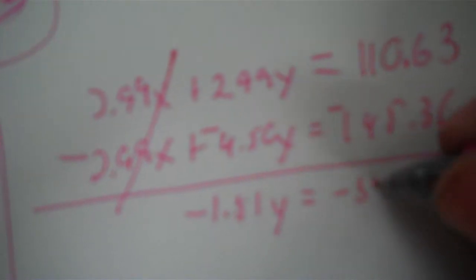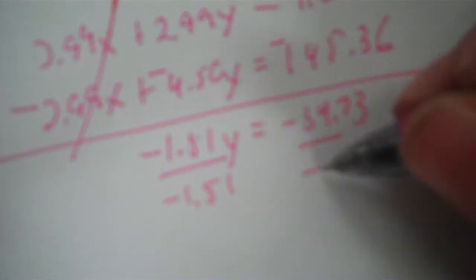Remember, to get the negative is negative $34.73. Then I divide by negative 1.51. Negative 34.73 divided by negative 1.51 is 23. So y is 23. That'd be the dogs.